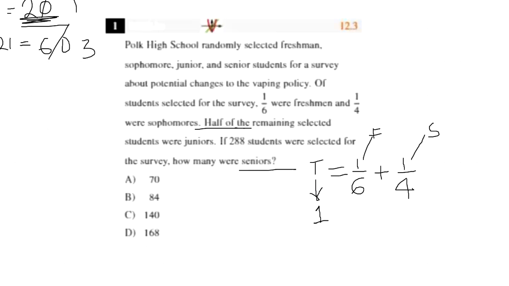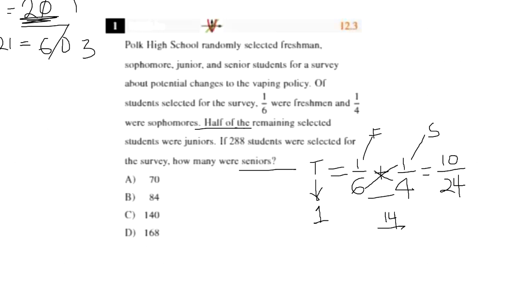So you just add, adding fractions. 4 plus 6 over 24. So you have 10 over 24. Now to make this very easy, this means that the rest, when you subtract this from 1, you're going to get 14 over 24.